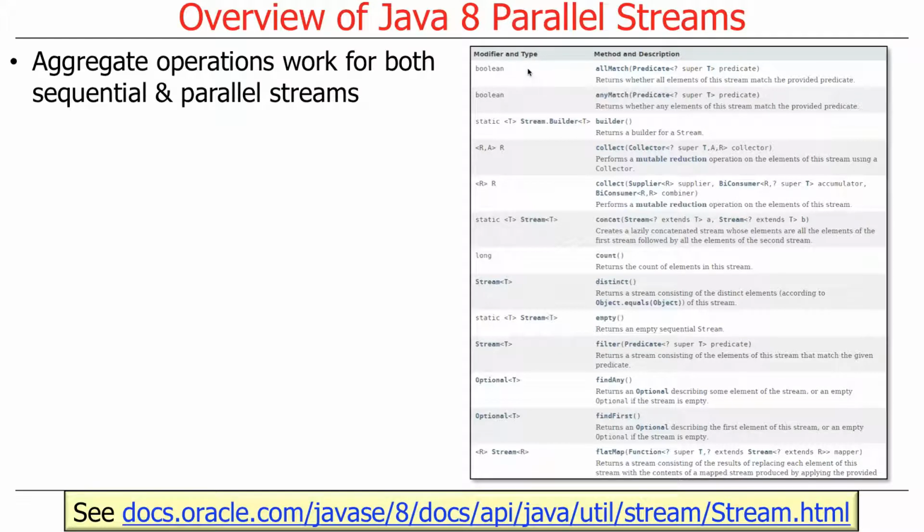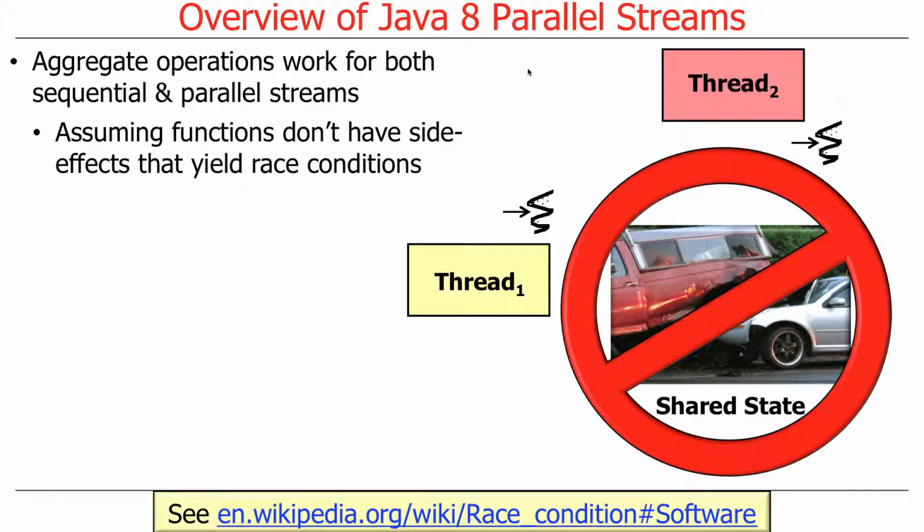So the good news is once you've got yourself a sequential stream, then it's often, though not always, pretty easy to scale it up to work in a parallel stream with minuscule changes. The secret sauce here is you have to make sure that the code you write doesn't have side effects that yield race conditions.